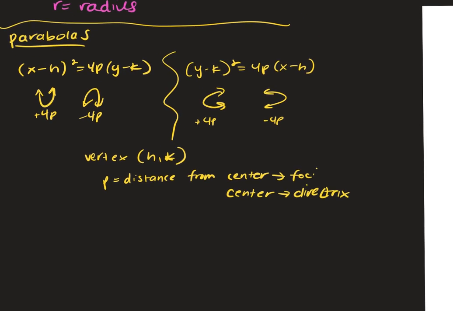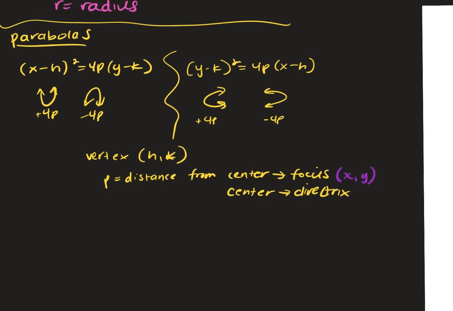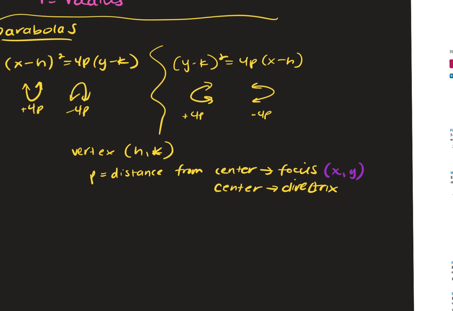Sorry, there's only one focus. The focus is a coordinate point, and your directrix is a line. So it's either an x equals a number or a y equals a number.